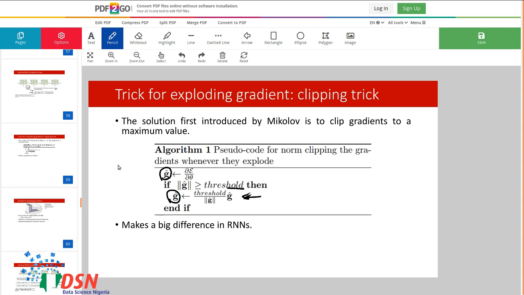Although it sounds like a very trivial solution, it makes a big difference in RNNs.